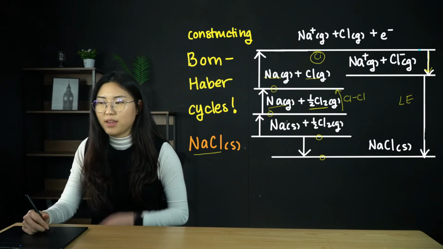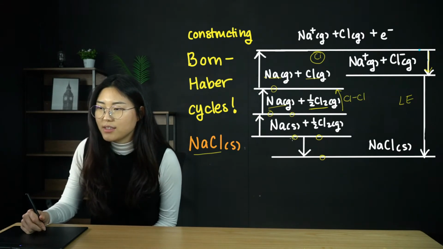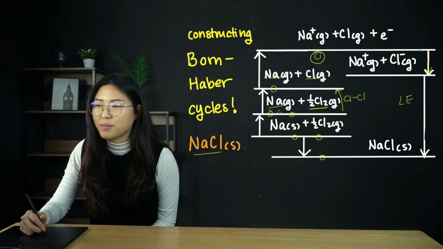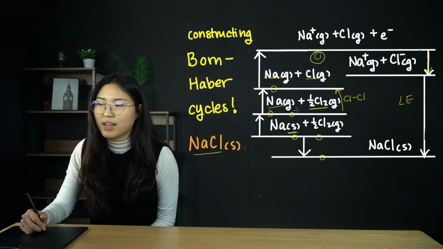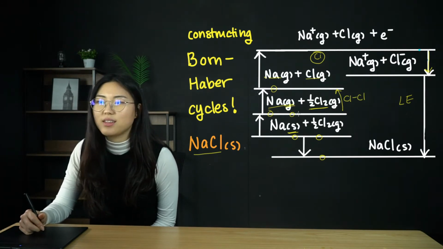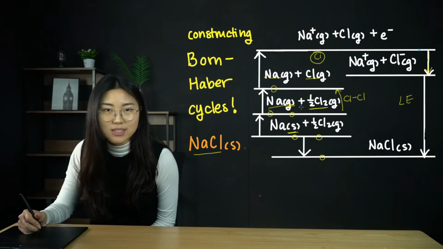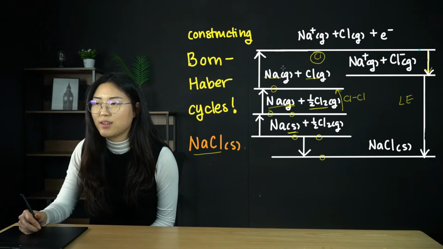And from this level to this level, that is going to be the atomization of sodium, right? Because the changing thing over here is that the sodium solid becomes gaseous. The definition for atomization is making 1 mole of gaseous atoms from its elements in their standard states, okay?